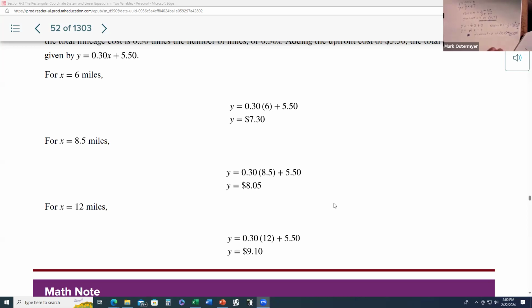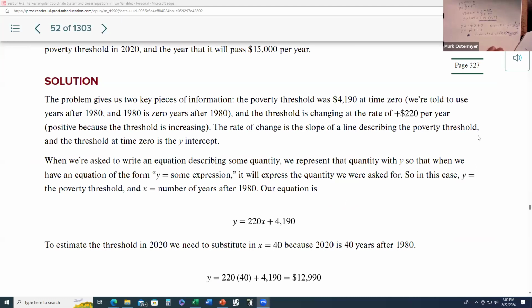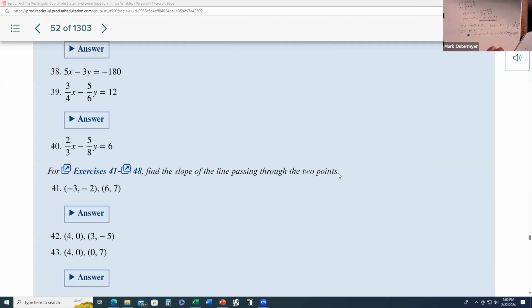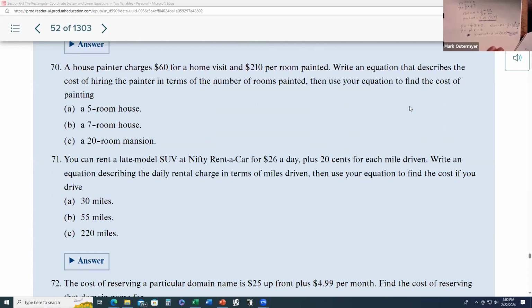All right, let's try another one. Problem number 70 on page 329. So on page 329, we're going to try problem number 70. In fact, ladies and gentlemen, I'm gonna have you do this problem for classwork. We'll call this classwork number 2.